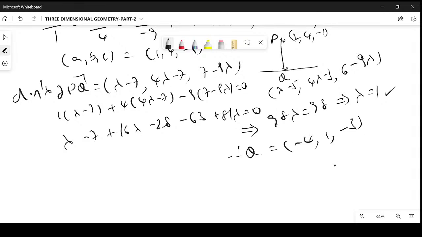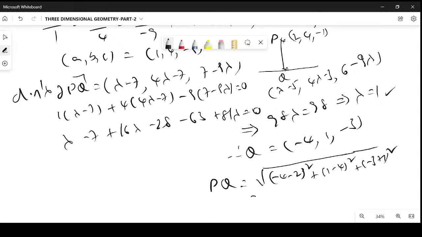Now I can find the distance between P and Q. Because P and Q, we can find here: minus 4 minus 2 whole square, and 1 minus 4 whole square, and minus 3 plus 1 whole square.